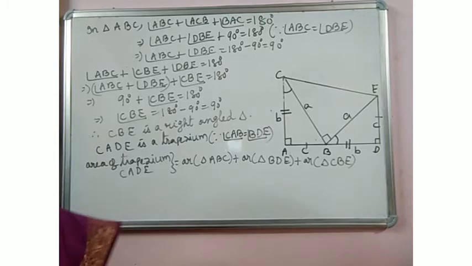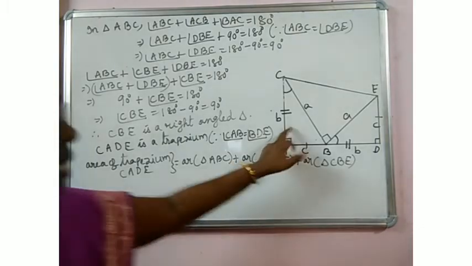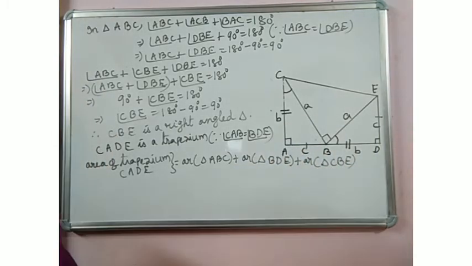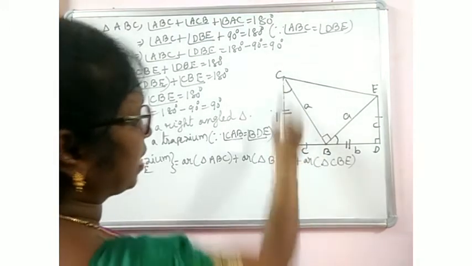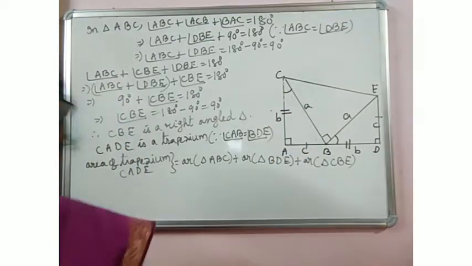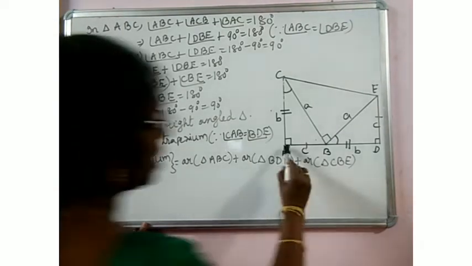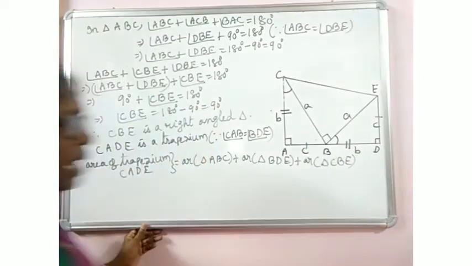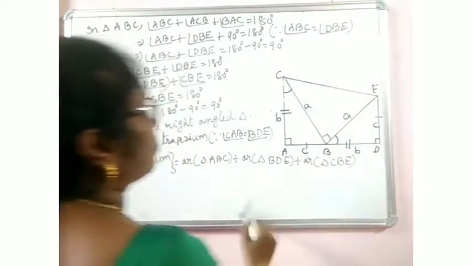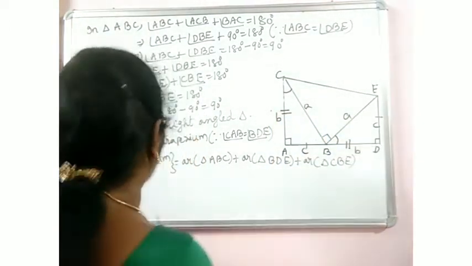And we know that the formula for finding, and these three are right angled triangles. So area of right angled triangle is half base into height, we know. And we know that area of a trapezium is equal to half h into a plus b, where h is the distance between two parallel sides, that is AD. And these two are the parallel sides.